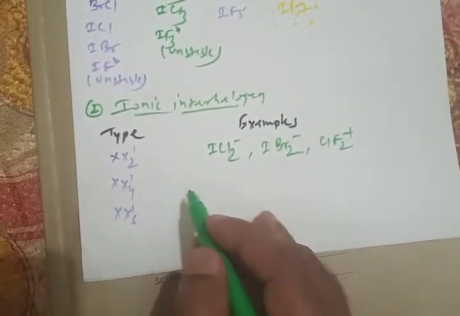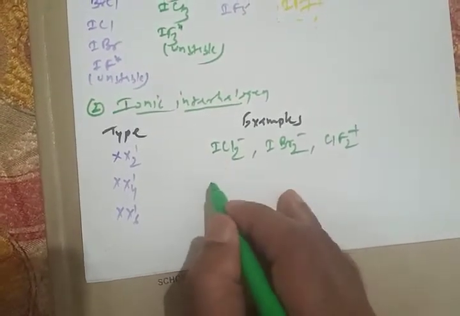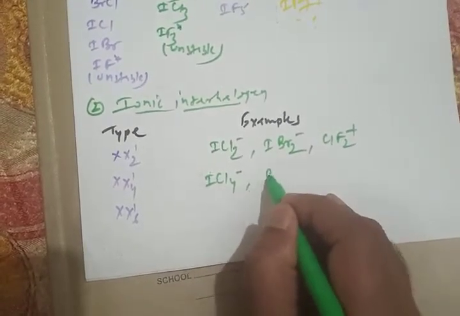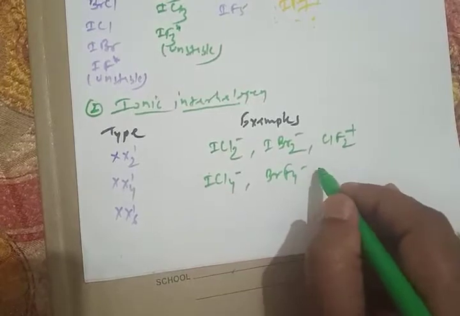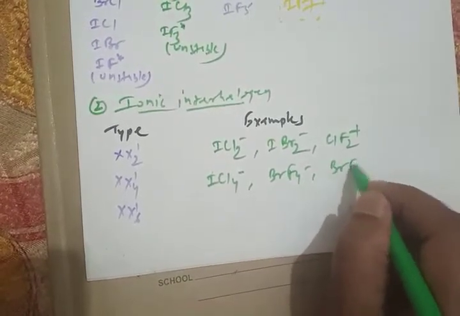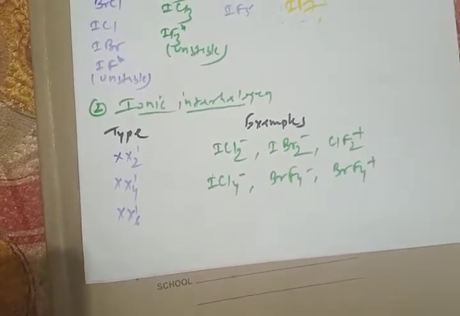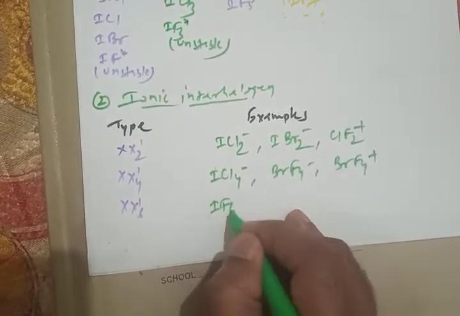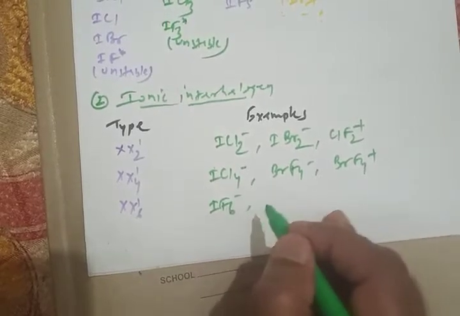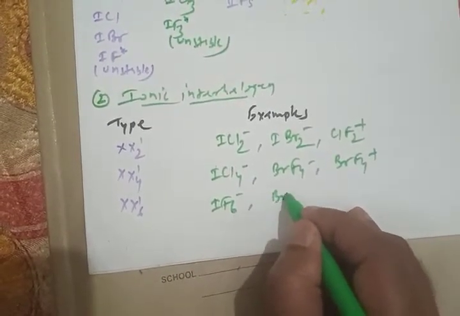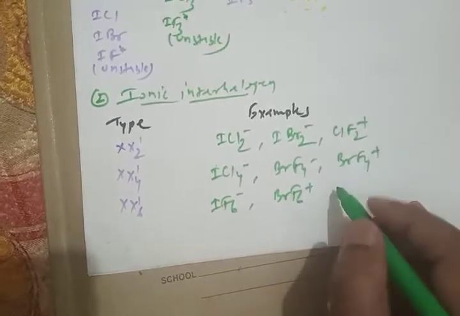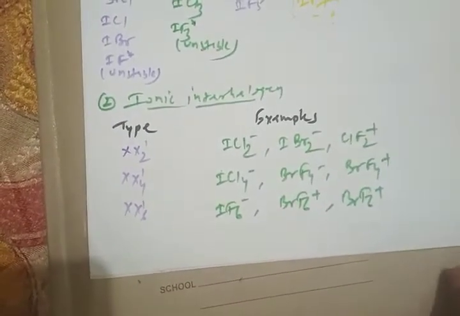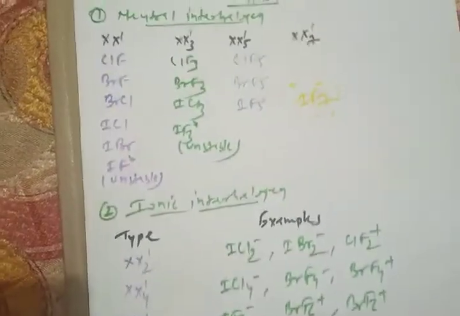For XX4 type, ICl4 negative, BrF4 negative, BrF4 positive also. Then for XX6 type, IF6 negative, BrF6 positive also, BrF6 negative. I'm writing only a few, but there are n number of examples.